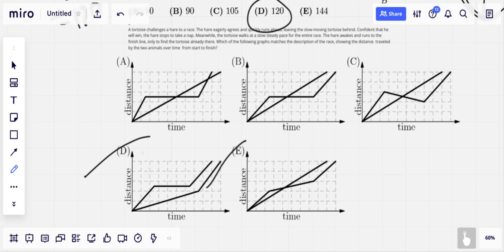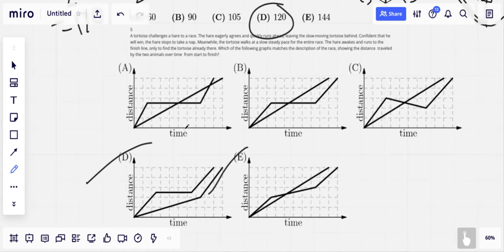So basically, we can use the problem to help us find the answer between A, B, and C. The problem says that the hare runs ahead, then it takes a nap. So for a time period, the distance is stagnant for the hare.